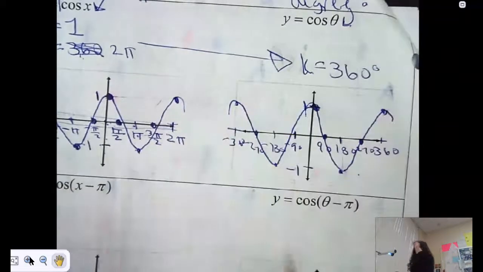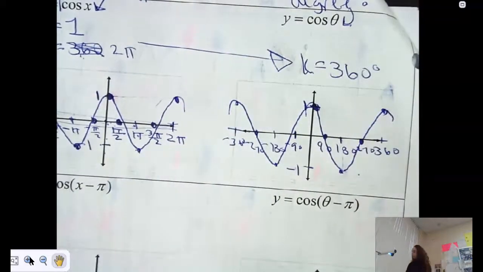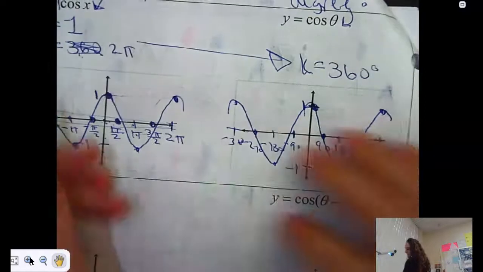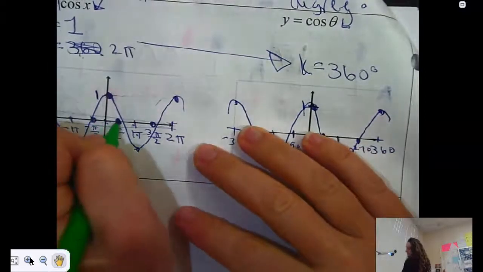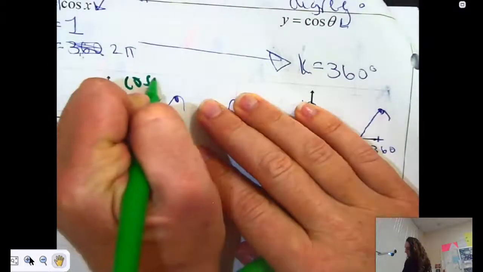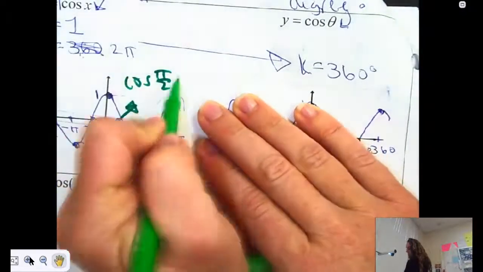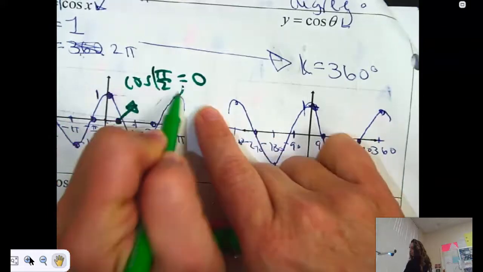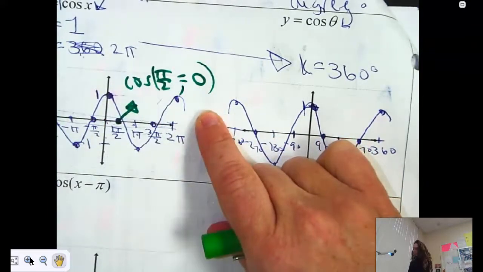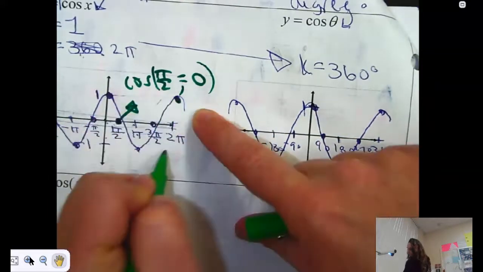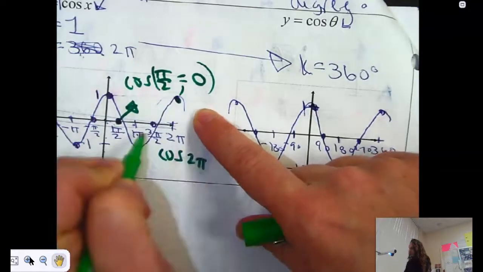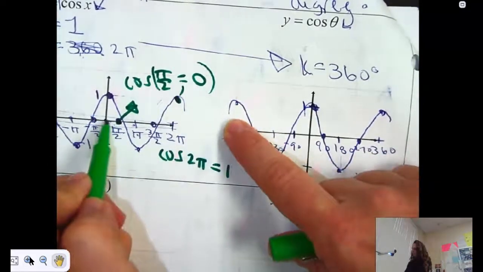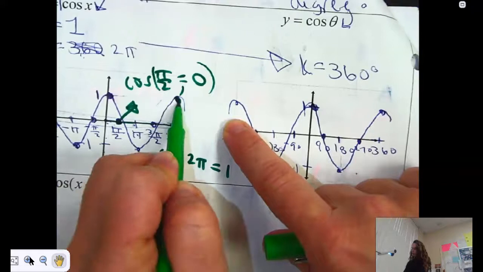So what does this mean? What does this mean for you? What that means is that if you were to find the cosine of pi over 2, it's 0, because this is the point pi over 2 comma 0. If you were to find the cosine of 2 pi, it's 1, because this is the value 2 pi comma 1.